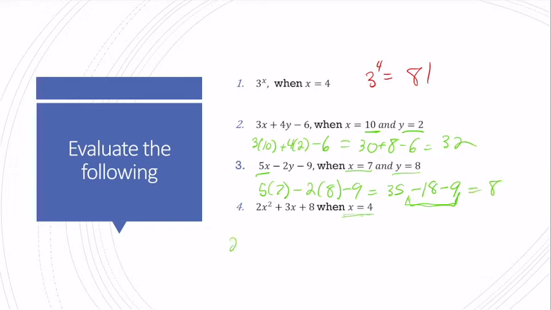Last but not least, when x is 4, I have 2 times 4 squared plus 3 times 4 plus 8. So 4 squared is 16, 2 times 16 is 32, 3 times 4 is 12, plus 8. 12 and 8 give me 20, so my answer is 52.